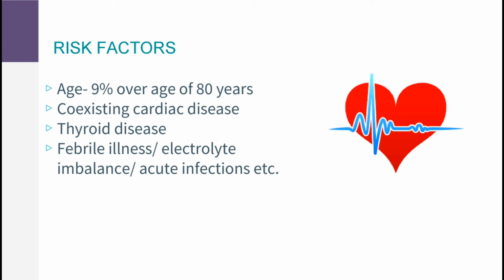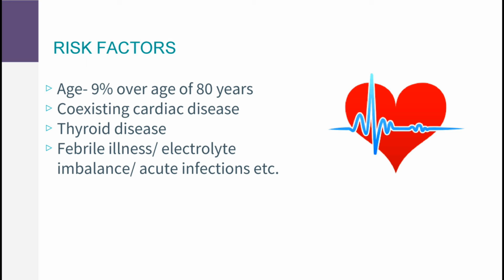Coming to the risk factors, old age has been found to have a high correlation with atrial fibrillation. Over 9% of the geriatric group over the age of 80 years could be having atrial fibrillation.